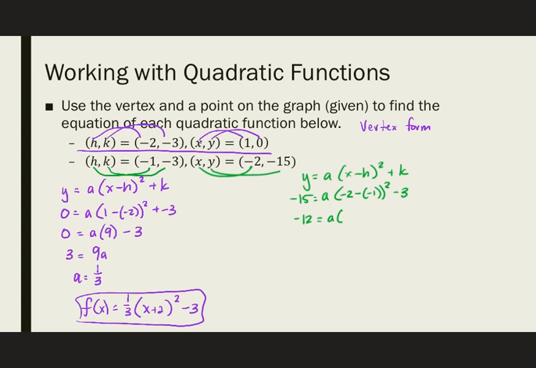Negative 2 minus a negative 1 is negative 2 plus 1, so it's going to be a times negative 1 squared. So negative 12 equals a times 1, so a is negative 12. So this function is going to be negative 12 times x plus 1 squared minus 3. The plus 1 is because we're subtracting a negative 1, which means we are actually adding.